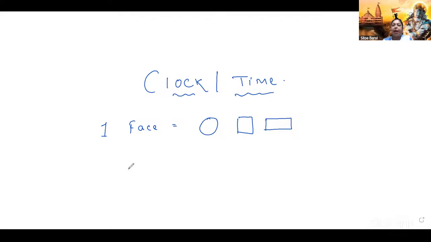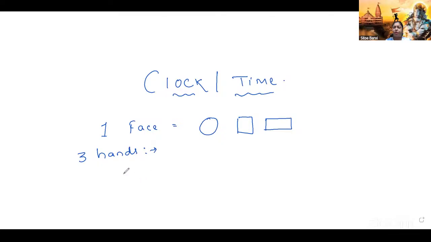And all of you know the clock has hands. How many hands clock has? Yes, tell me, clock has how many hands? Who can tell me? Generally, all of you will tell that 3 hands, right? So we will consider generally 2 hands and another one hand is also there.